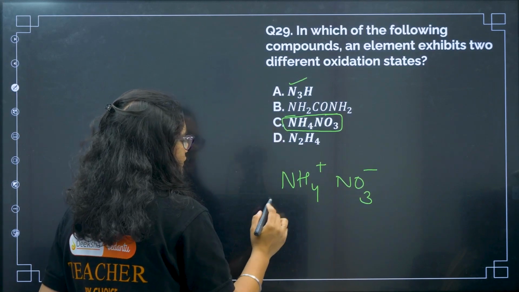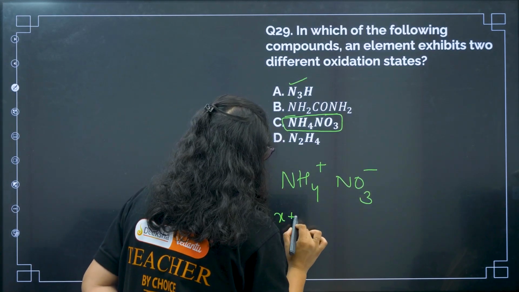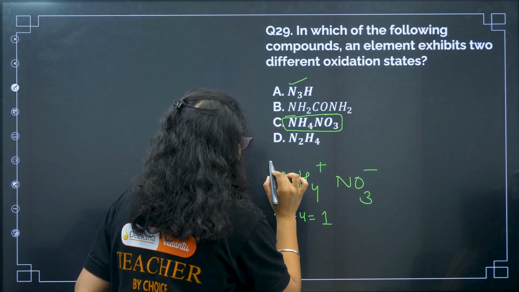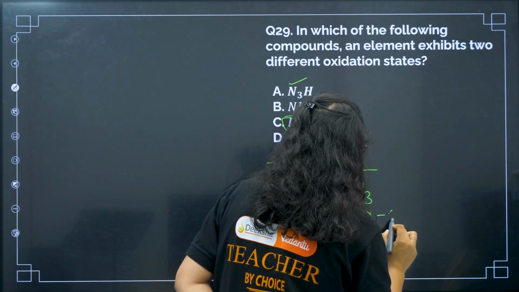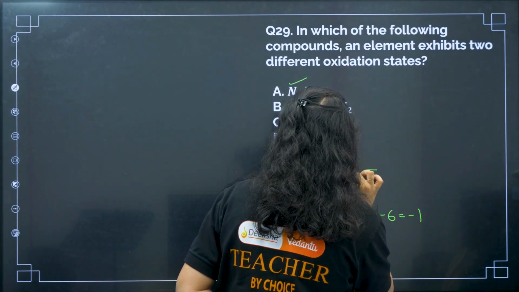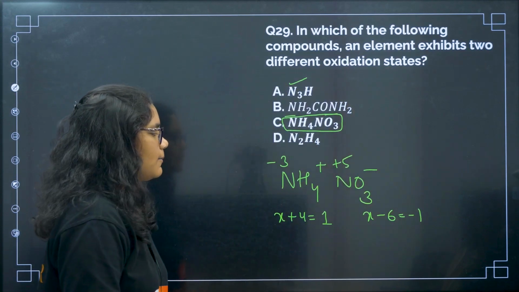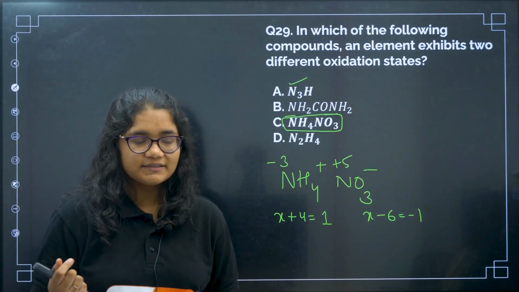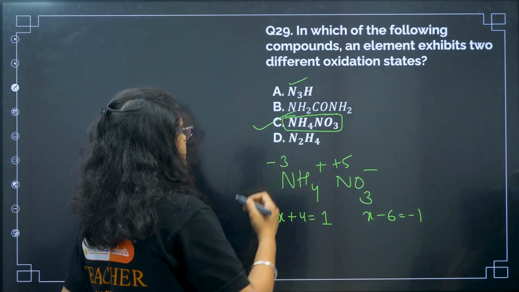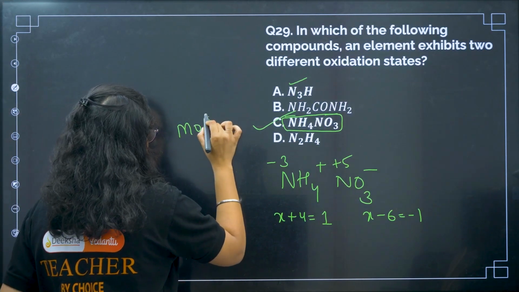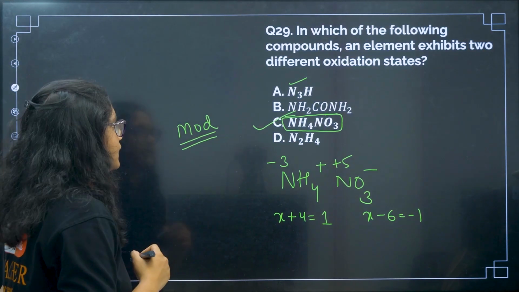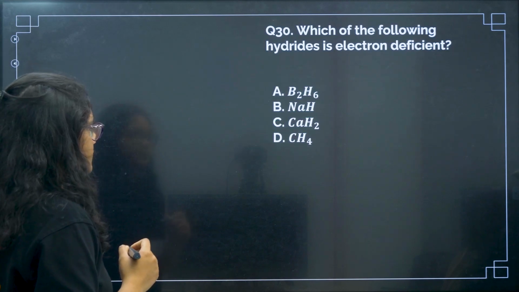So if you calculate the oxidation state of nitrogen here, that is minus 3. But if you calculate here, it will be plus 5. So in the same compound, two different oxidation states are exhibited. So the correct answer for this question is option number C. This question is little moderate. We need to identify properly.